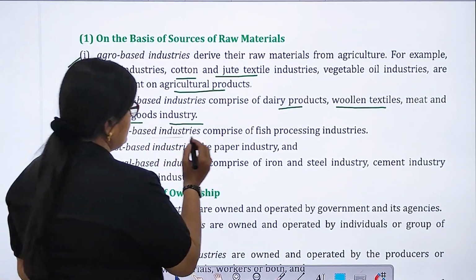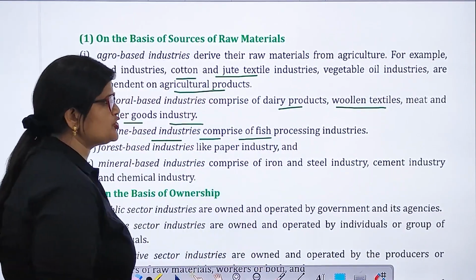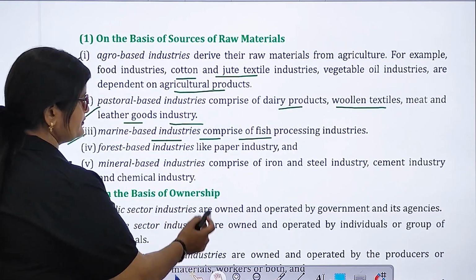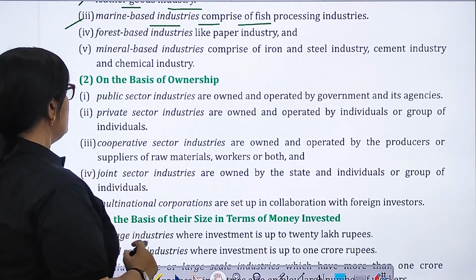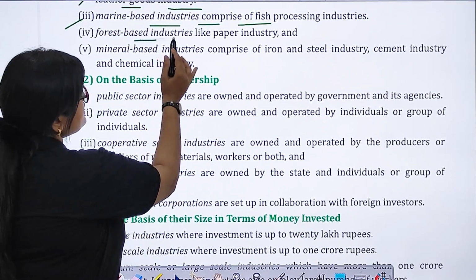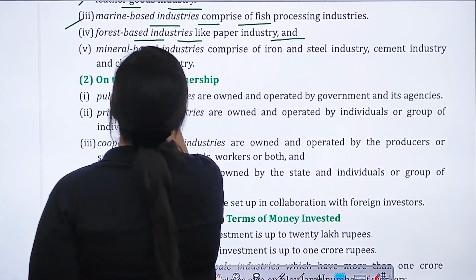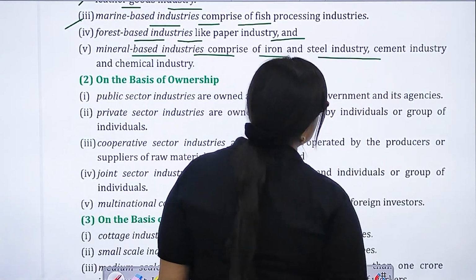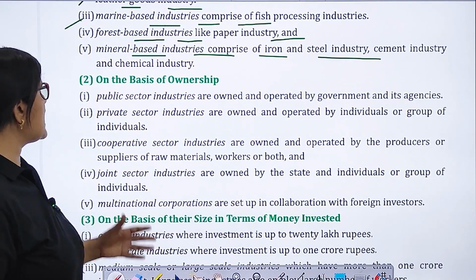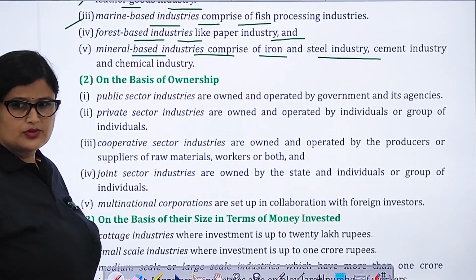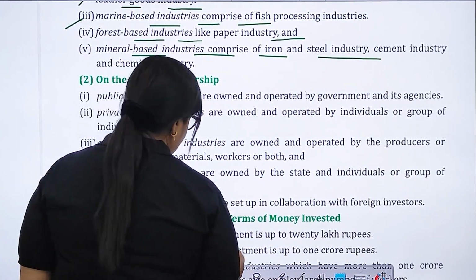Number 3, marine based industries comprise fish processing industries. Number 4, forest based industries like paper industries and mineral based industries comprise iron and steel industries, cement industries and chemical industries. Okay, so these are all industries.